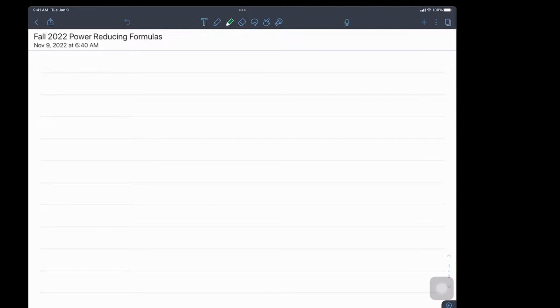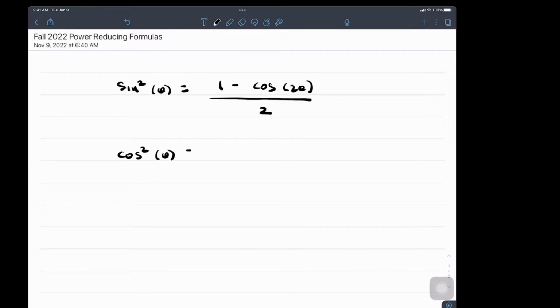It's important in future processes and even in working with some science, right? Here's what I want to remark. We have sine squared theta, and you can see it a couple of ways. It's (1 minus cosine 2 theta) over 2. And cosine squared theta is (1 plus cosine double theta) over 2.